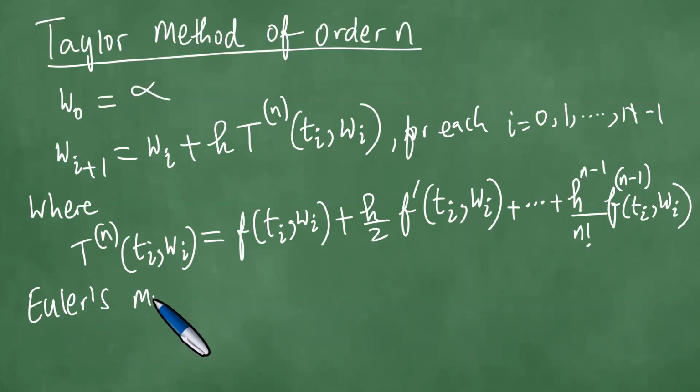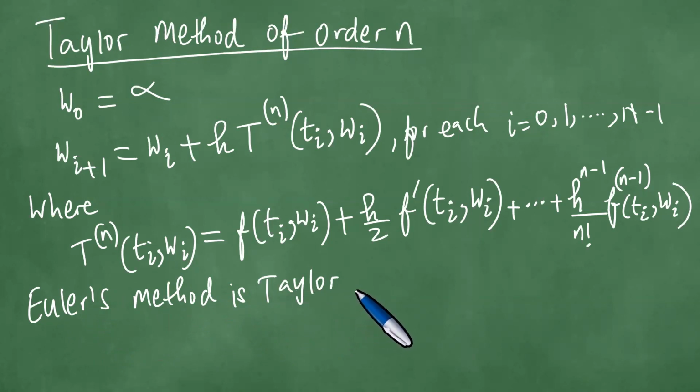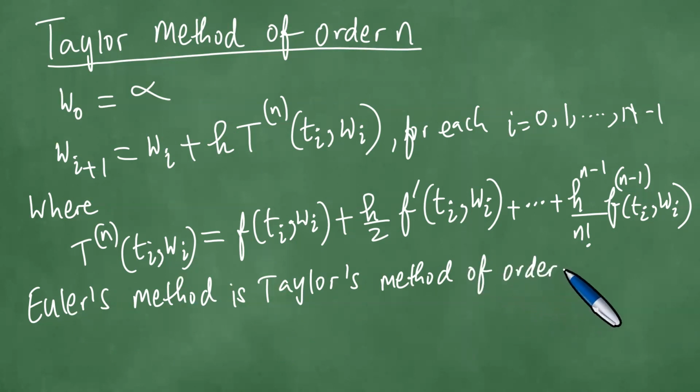Euler's method is Taylor's method. We appropriately call it Taylor's method, but sometimes it's called the Taylor method. In other words, Euler's method is simply Taylor's method of order 1.